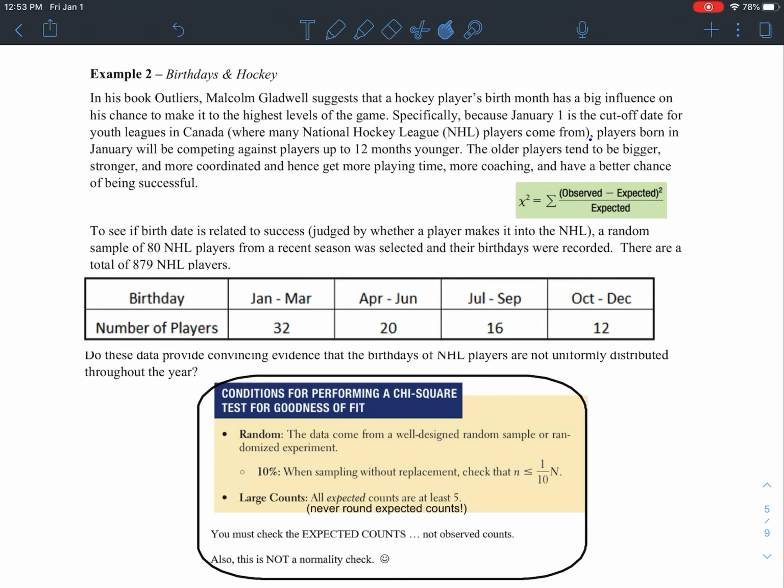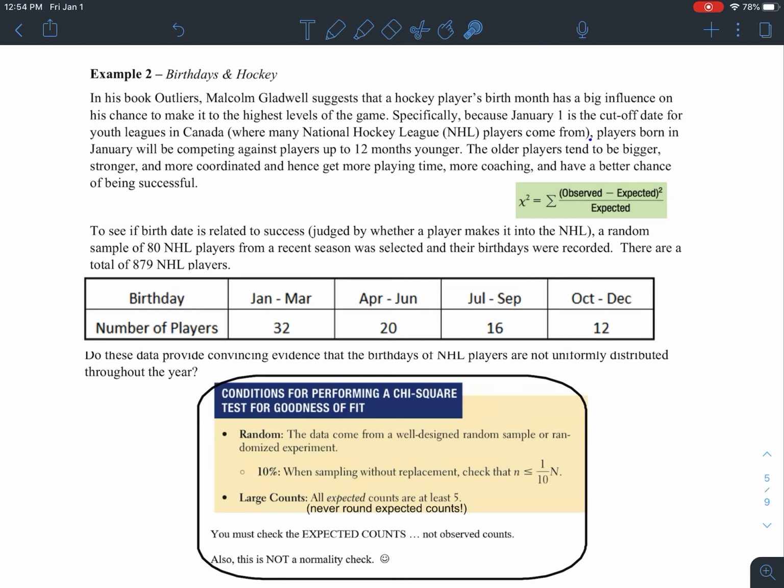Canada is actually where a lot of the National Hockey League players come from. Players who were born in January will be competing against players who could be up to almost 12 months younger than them. The older players tend to be bigger, stronger, more coordinated, hence they get more playing time, more coaching, and have a better chance of being successful.